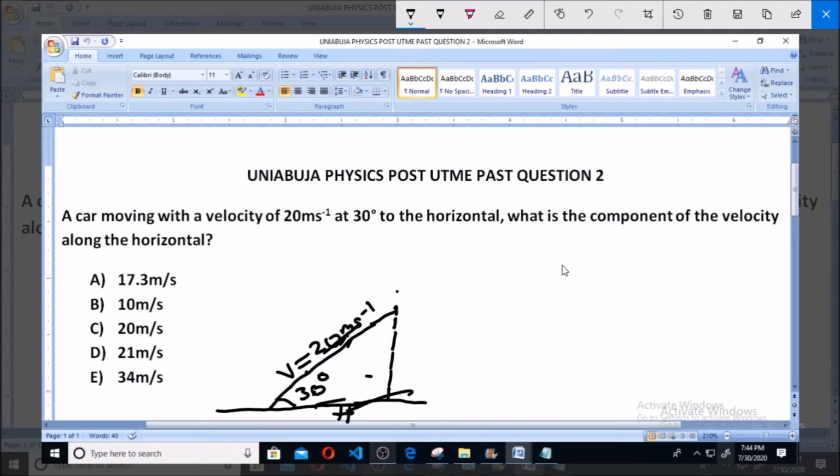From the format of the question, we are going to use the cosine function, because we are given the angle, and the horizontal component can be likened to the adjacent side of a right angle triangle, and the velocity can be likened to the hypotenuse of the right angle triangle. So we can use the cosine trigonometric function to determine the component of the velocity along the horizontal.